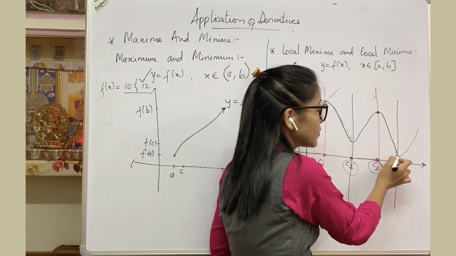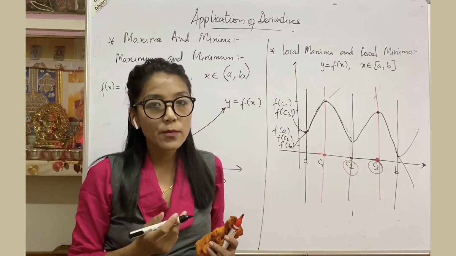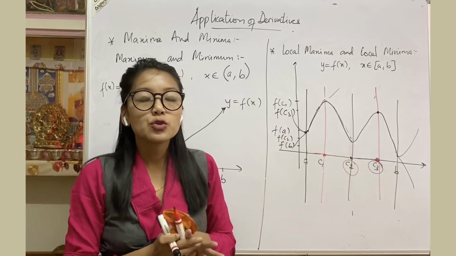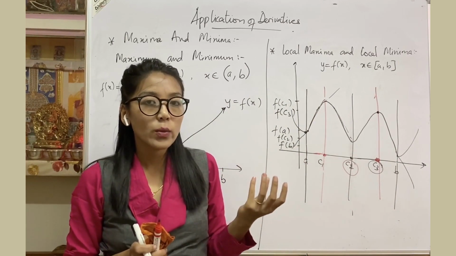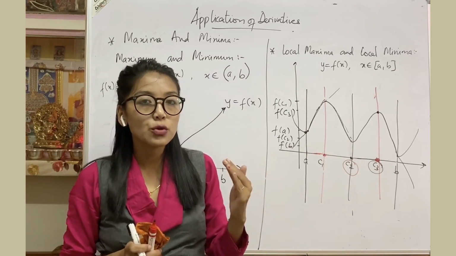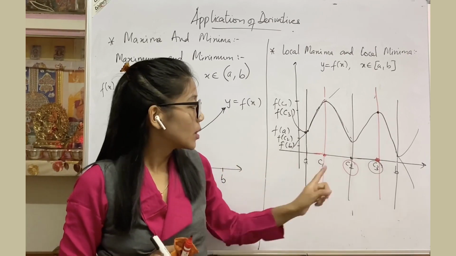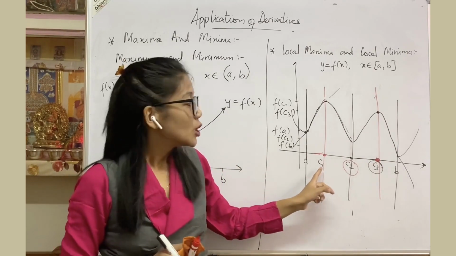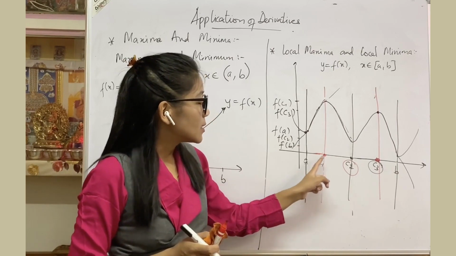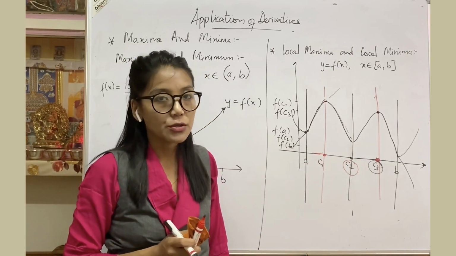But if your graph goes like this, then you cannot say that f of B is the local minimum value of the function. So to say whether it is a local maximum or local minimum value of the function, you should know the nature of the function on both sides of the point. Is that clear? This is how we define local maxima and local minima value of the function, right?